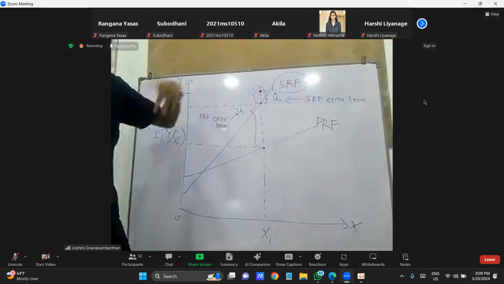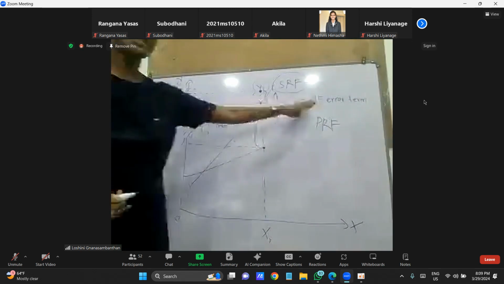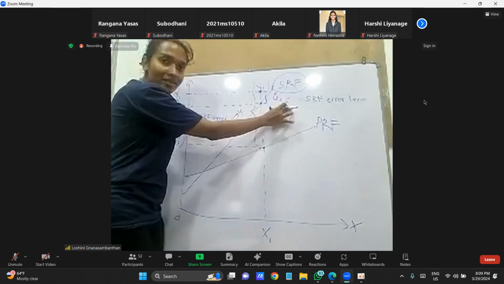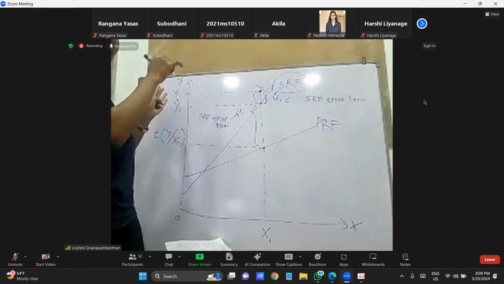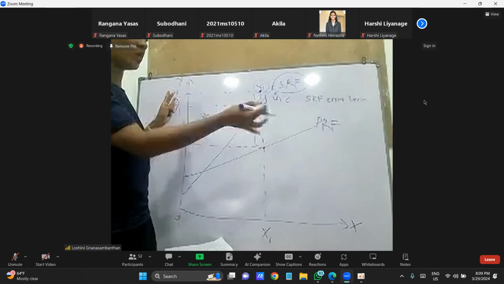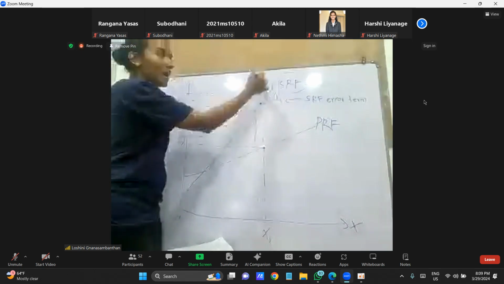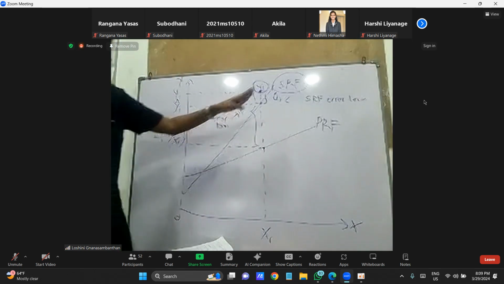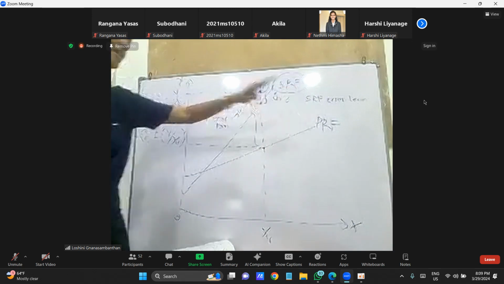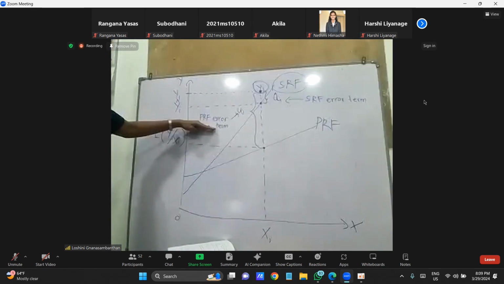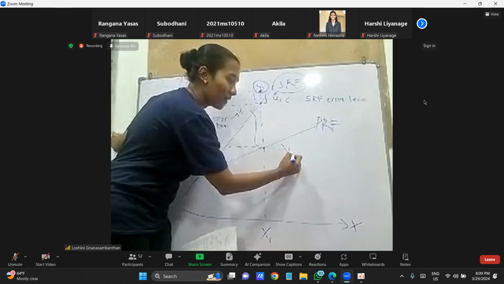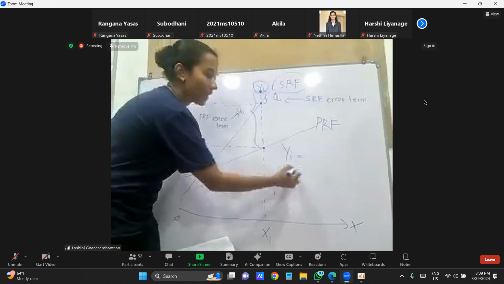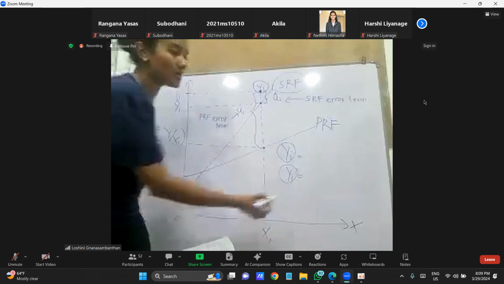So go back to the stochastic version of the SRF. If you add this Ûi, you can reach Yi. That's why, whether it is the SRF stochastic version or the PRF stochastic version, the equation starts from Yi.